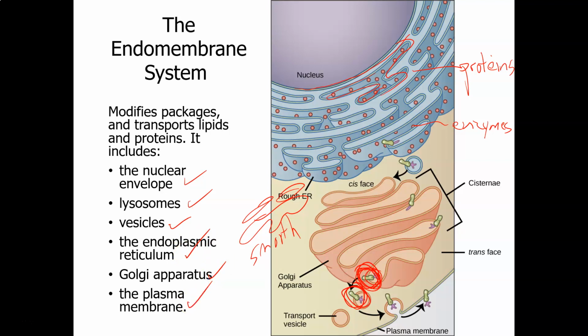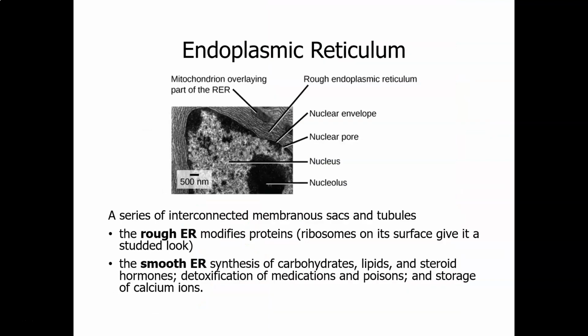If the Golgi packages up something that is designed to be sent out of the cell, that vesicle will fuse with the plasma membrane, open up, and then that product will be released outside of the cell.